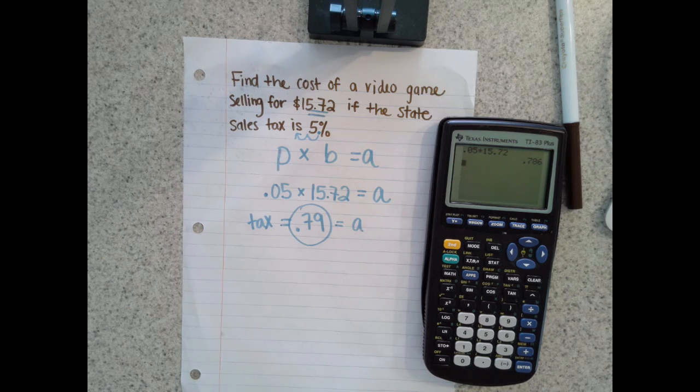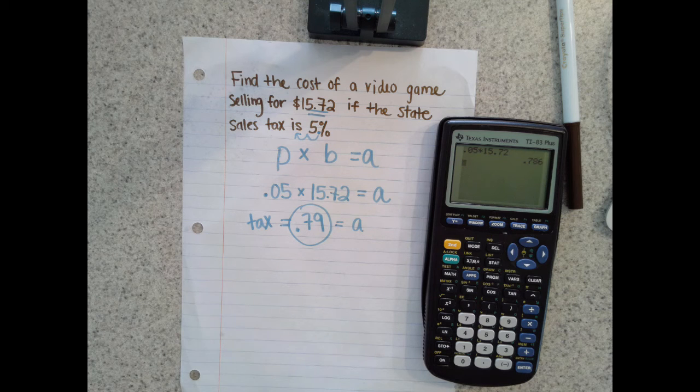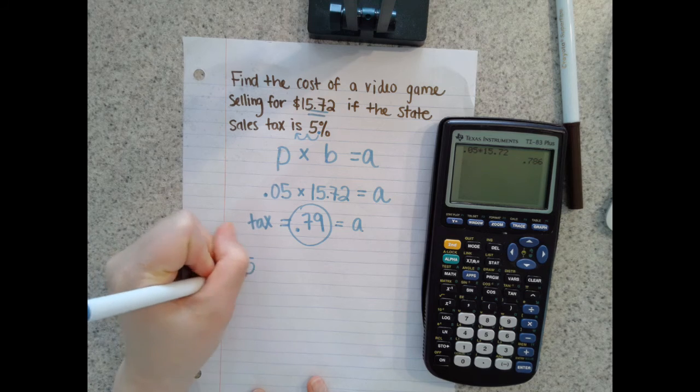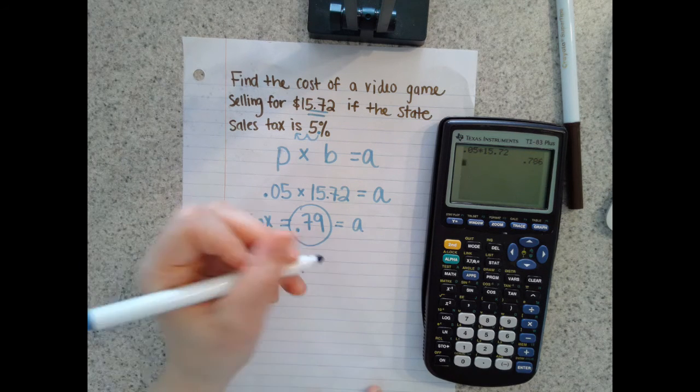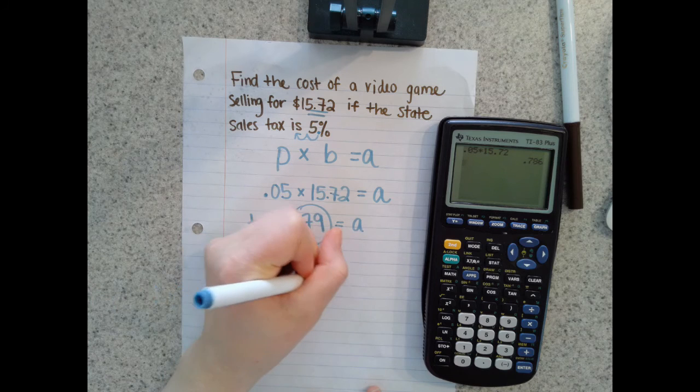That is not my final answer though. They want to find the total cost when you check out and buy this video game. To find the total cost, you take your original price of $15.72 plus your sales tax of 79 cents.